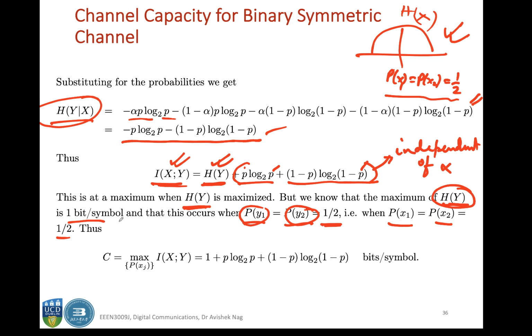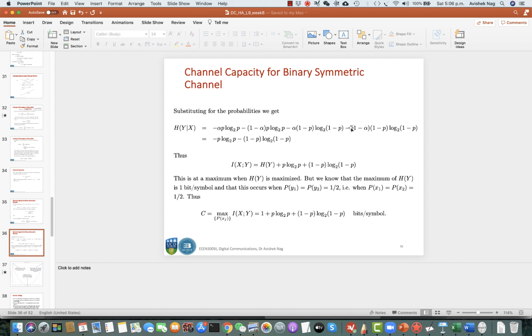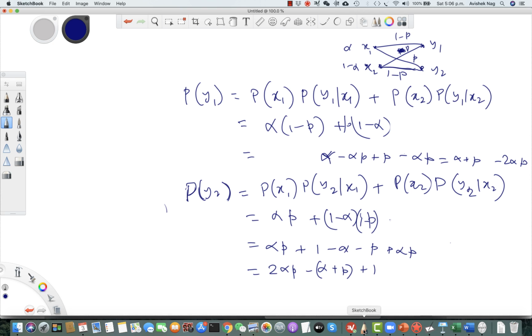Okay, so basically you can see here what is meant by having the probability of y1 and probability of y2 equal to half. So this is the discrete memoryless channel, or the binary symmetric channel, that we were discussing in that example.